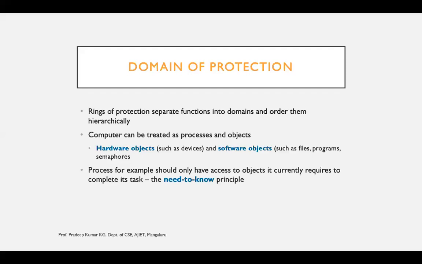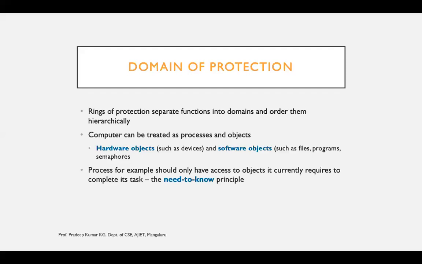Now this entire task, where we give processes access to handle these kinds of activities via hardware objects or software objects, is called the need to know principle. Each individual process will be running in the backend to complete one single task.